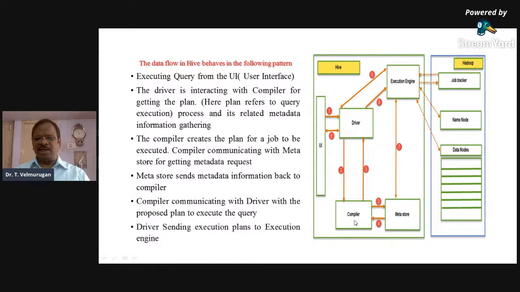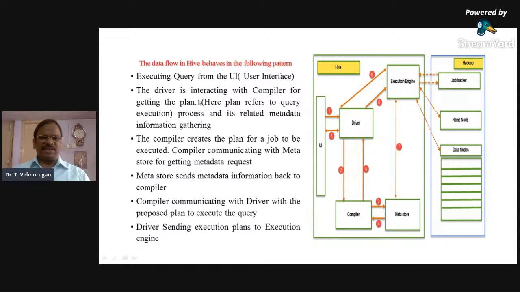The compiler processes some information about the metastore, and the metastore information is exchanged bidirectionally through the execution engine. The final stage of this entire process is done by the execution engine, EE.